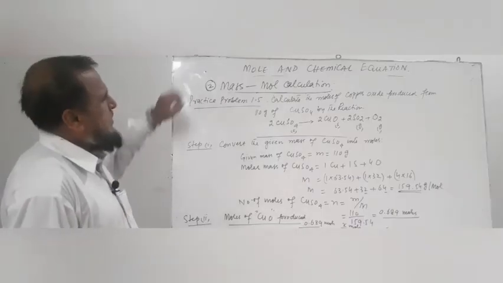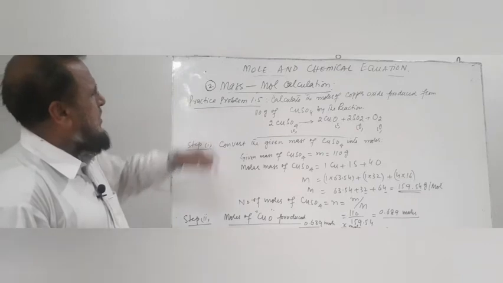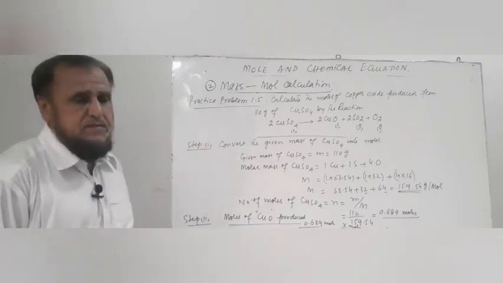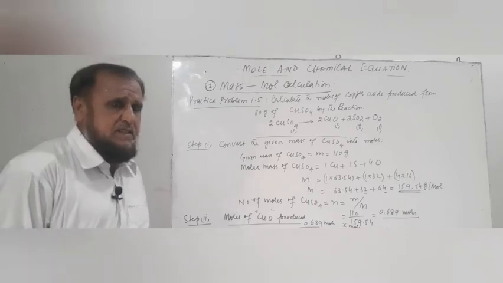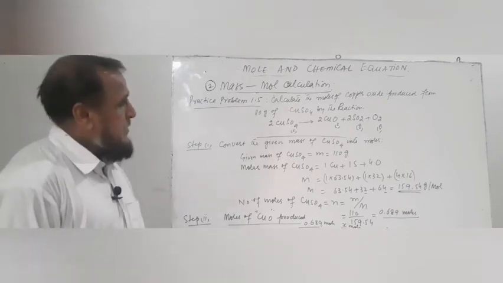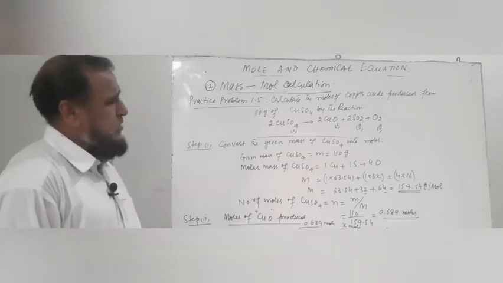The second type of calculation is the mass to mole calculation. In this type of calculation, the mass of one substance is given and we are asked to calculate the moles of the other substance. Now, this type of calculation involves two steps.